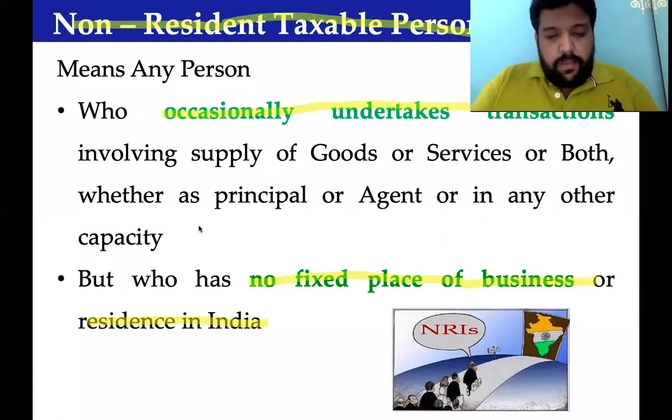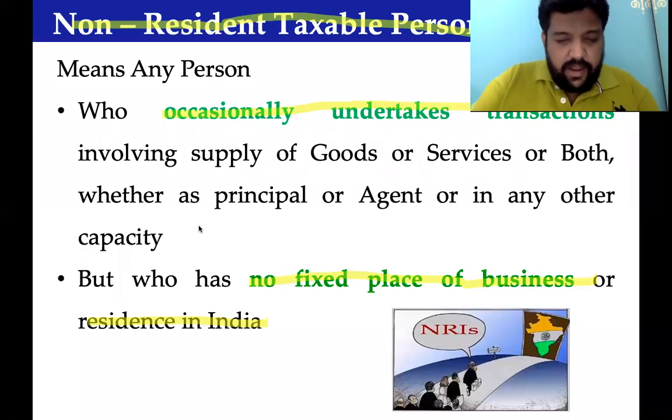Mrs. R in Andhra Pradesh sold handicraft items in a business fair in Tamil Nadu, Chennai.